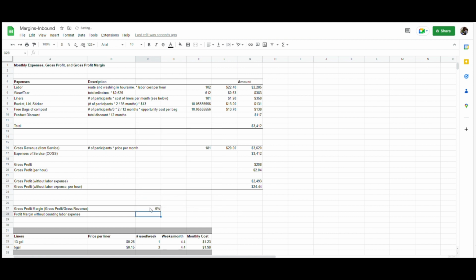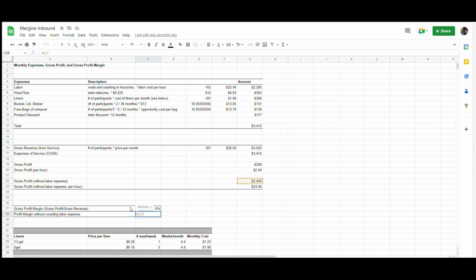Okay, now it might put it in as a decimal, but I'd already told it to put it in as a percent, right? Okay, now what if, again, I'm doing all the work, so we're not going to count labor expense. So I'm going to take this, which is G22.